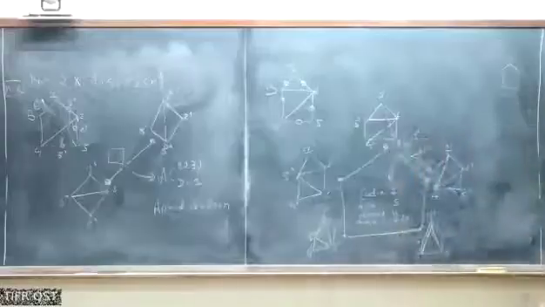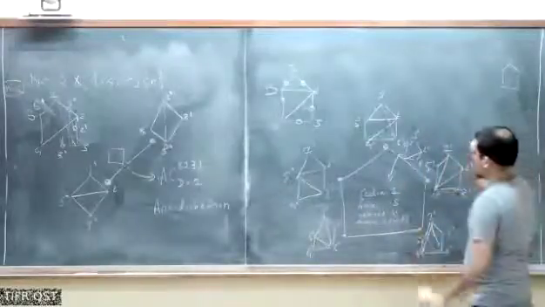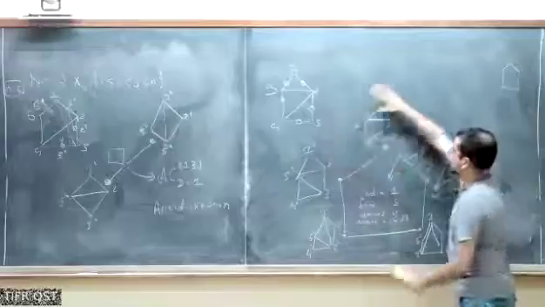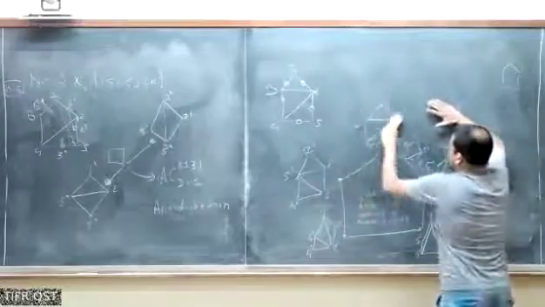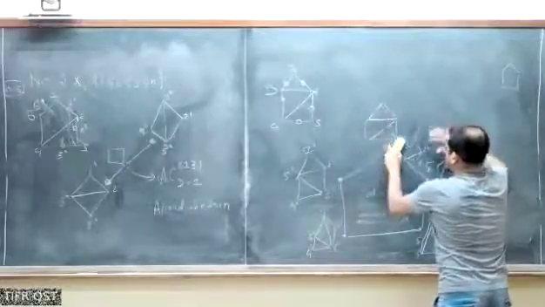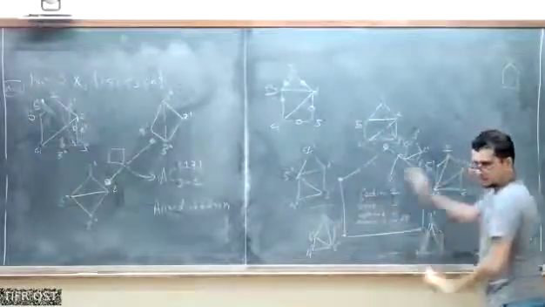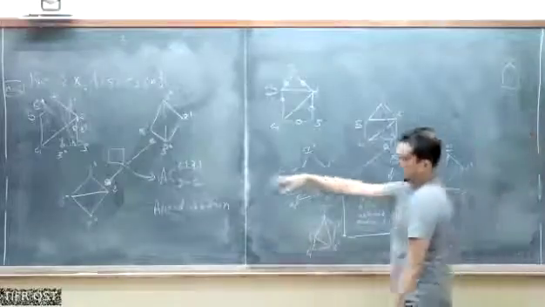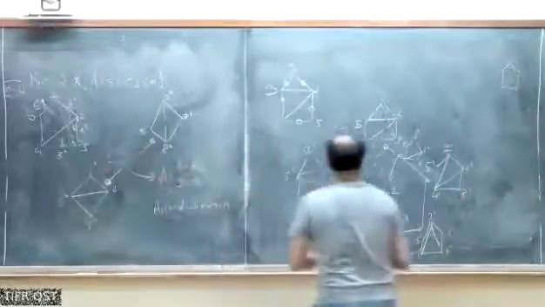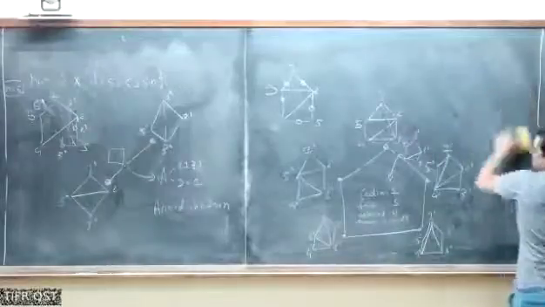Now I will answer Abhijit's question. He was asking why I have to go to this dual at all. I could just think of them as 1, 2, 3, 4, 5, and look at all possible triangulations. This would of course work, but it would not work here.